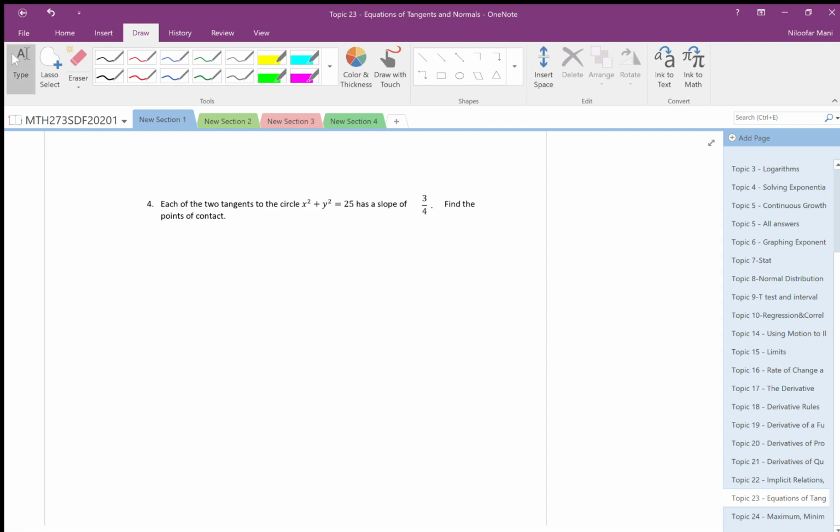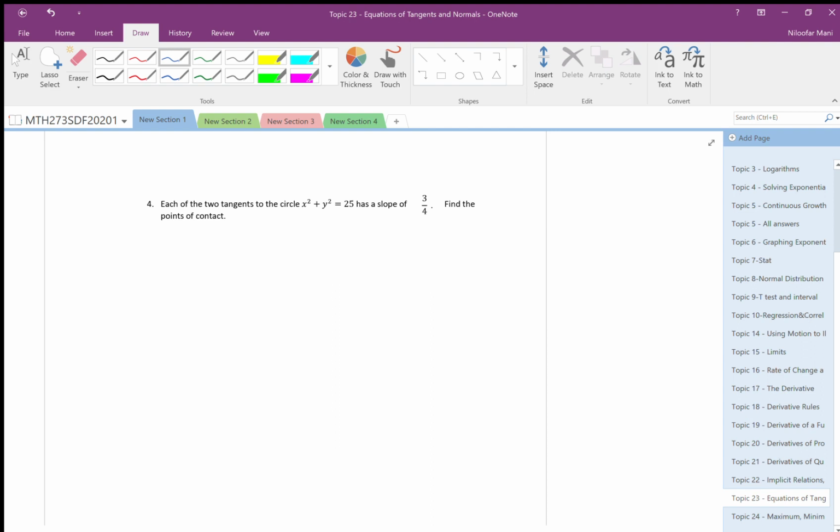Okay, so each of 2 tangents has this slope; find the points of contact. See, I have a circle, which is not a function, it's just an equation, just a relationship, but not a function. So it says this circle has 2 tangent lines.